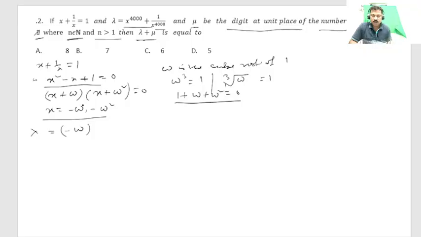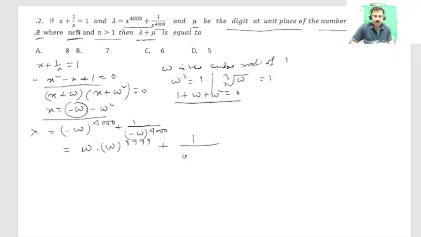Lambda equals (minus omega) to the power 4000 + 1/(minus omega) to the power 4000. Now we get omega into omega to the power 3999.